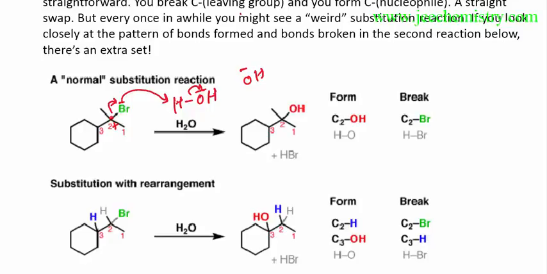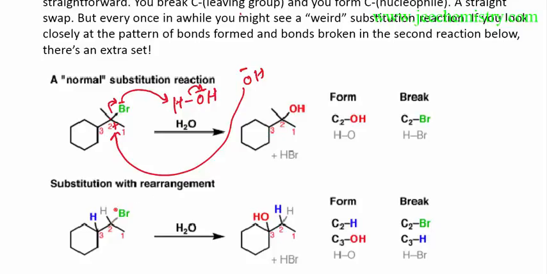In a normal substitution reaction, it will not go through rearrangement. If it does not rearrange, then the product will form: OH will attack this position, and the final product will be formed like this. In this position the OH will come.